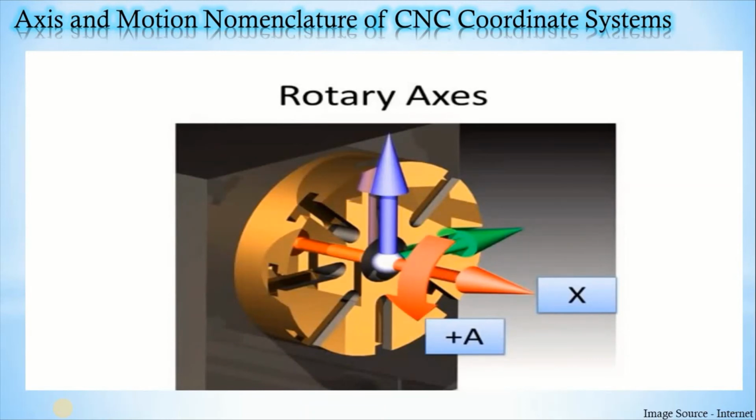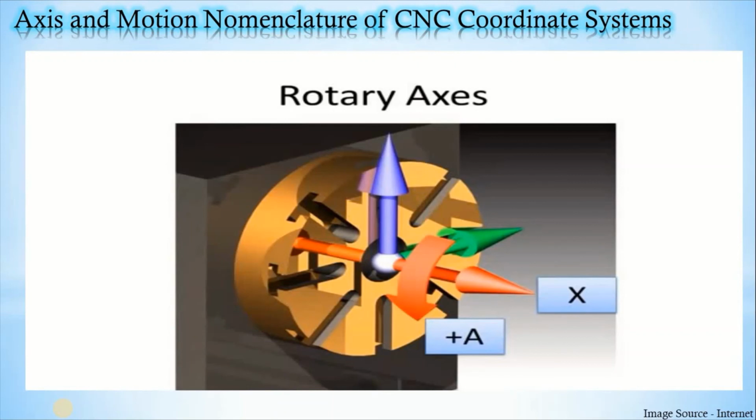The X axis will be the direction of back and forth movement, and the rotation about that axis would be A. So the X axis is the direction of tool spindle movement back and forth, and A will be the rotation of a rotary table, or the rotary motion given by A. The same follows for Y and Z, where B and C will be the rotation about those axes respectively.